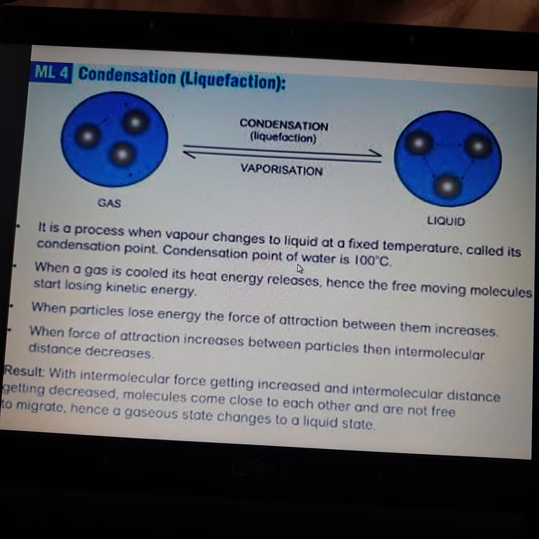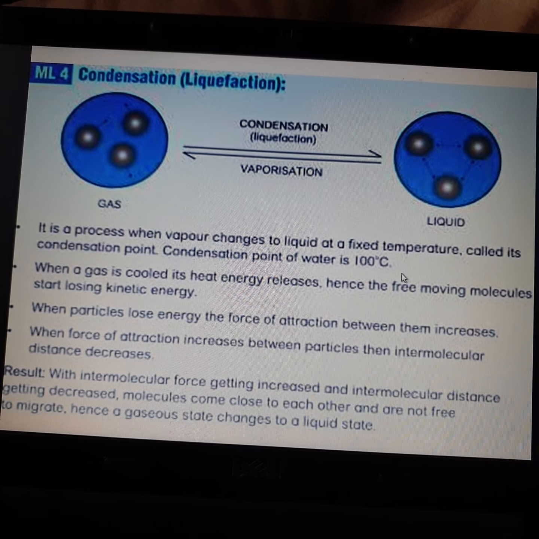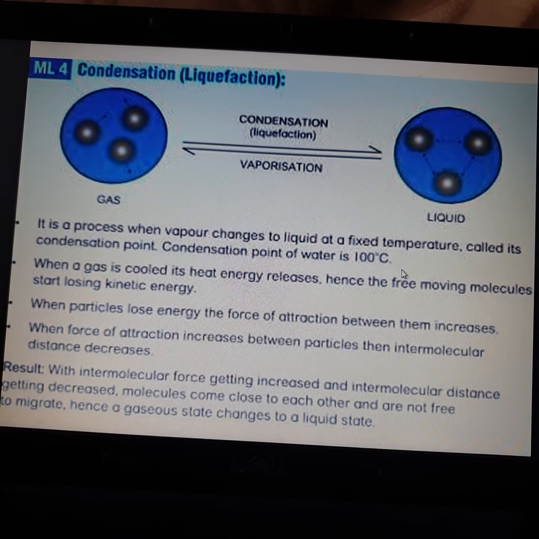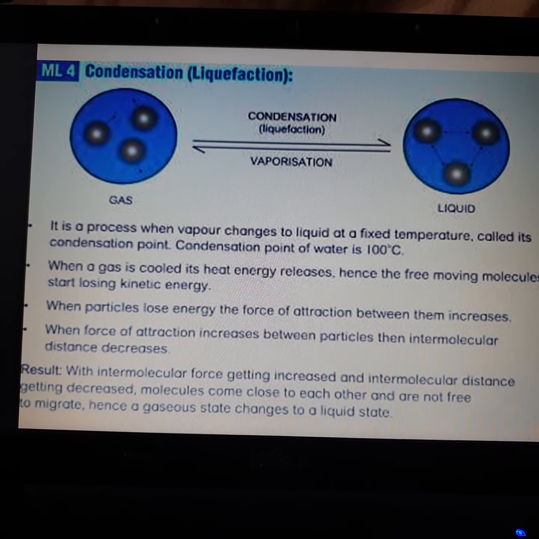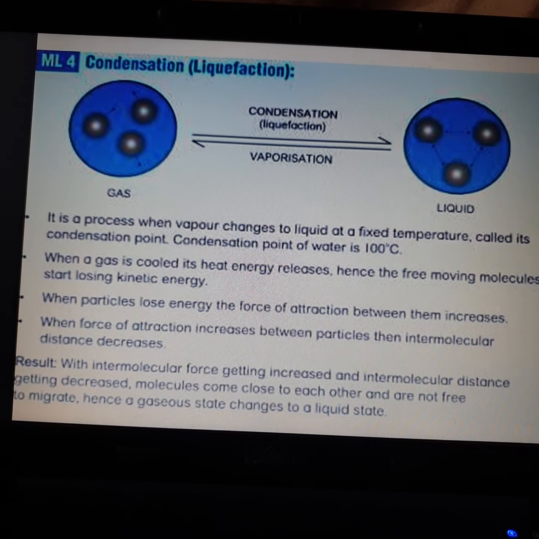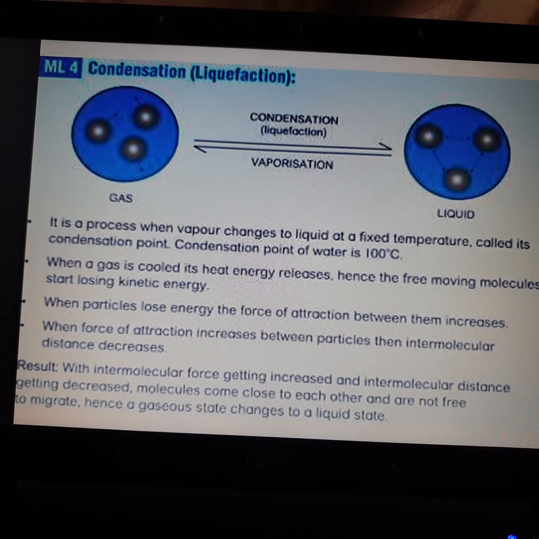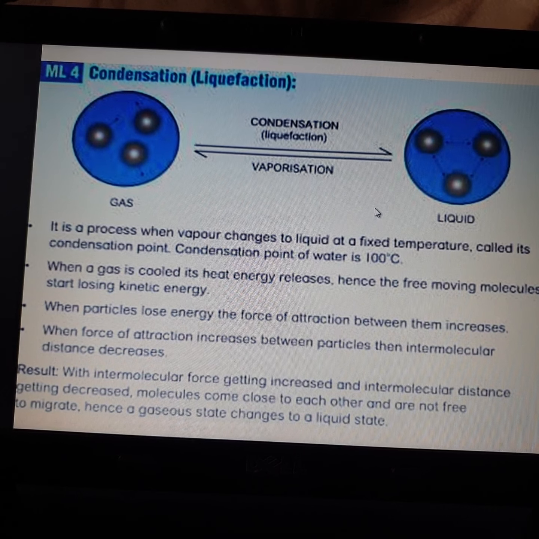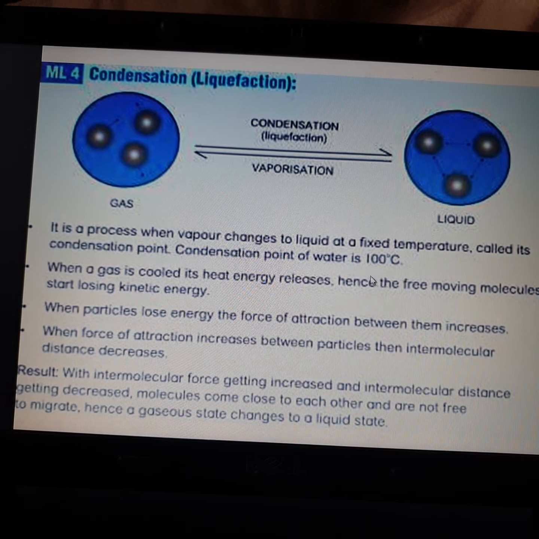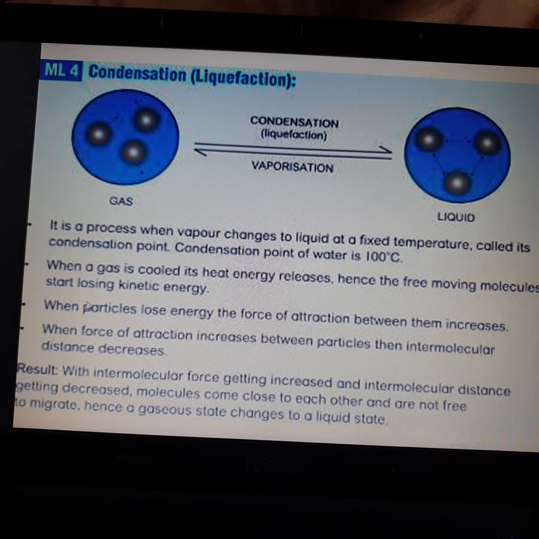The condensation point of water is 100 degrees Celsius. So condensation, or liquefaction, is a process where the vapor changes to a liquid. The vapors change into a liquid at a maximum temperature, that is 100 degrees Celsius.